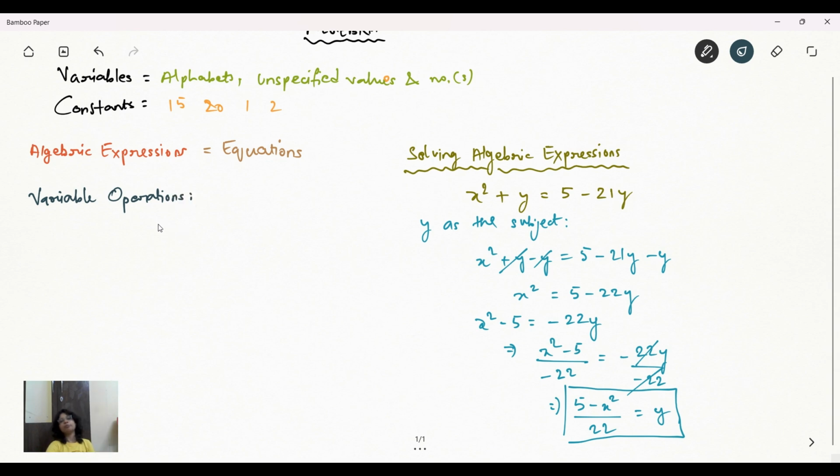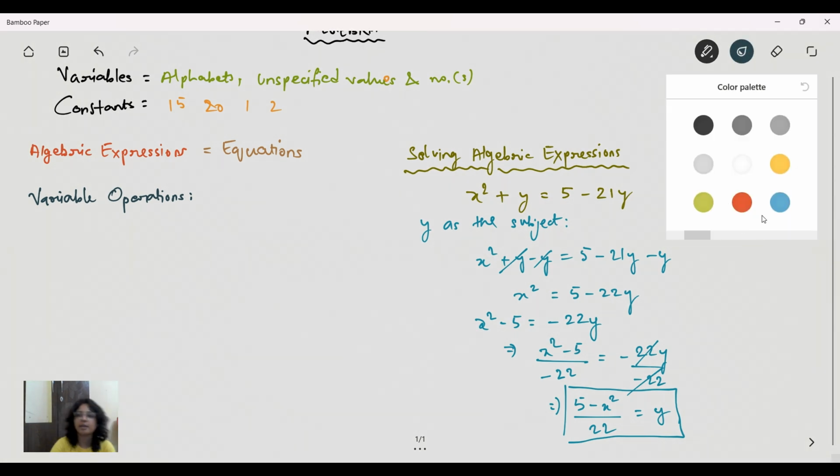Okay, variable operations. What are the mathematical operations that can be carried out at this level? You have four basic mathematical operations which can be carried out, correct? What are they? Addition, subtraction, multiplication, and division. So let me write here. What are the possible variable operations that can be carried out?